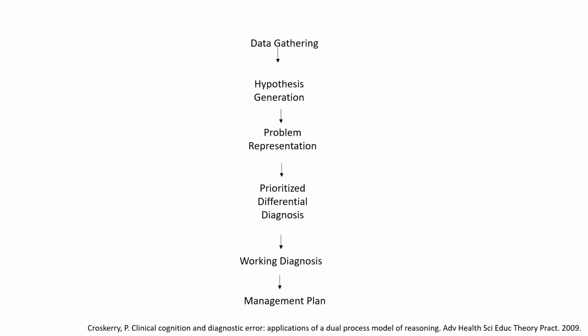Researchers have proposed a pathway to describe the clinical reasoning process. That pathway begins with the step of data gathering, which then informs hypothesis generation, followed by something called problem representation. A problem representation is a 1 to 2 sentence summary statement that highlights the salient features of any clinical case or problem.